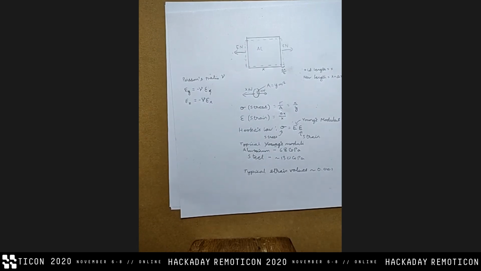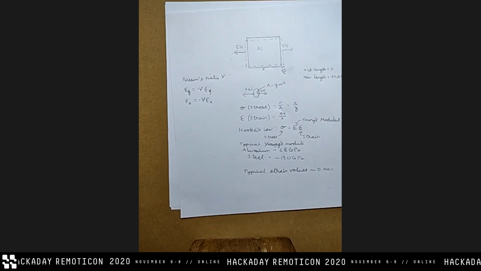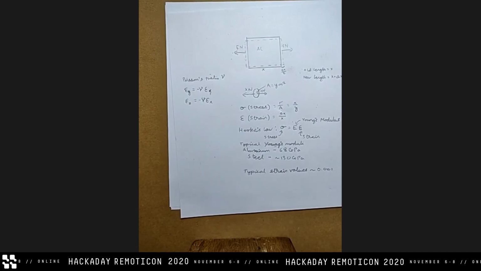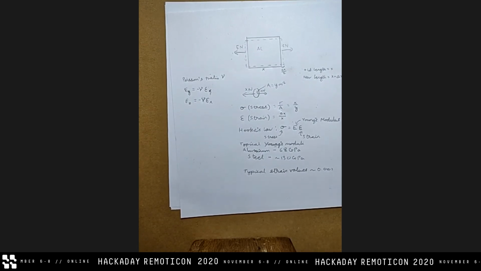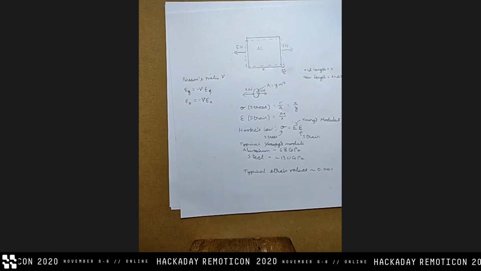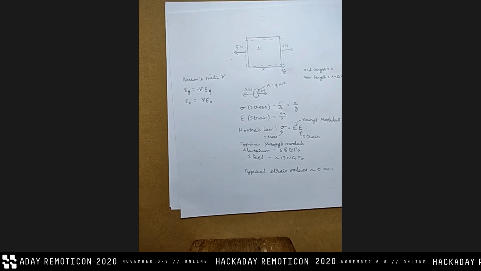That's where anisotropy comes along, but you don't really need to worry about that for the understanding. If you're using anisotropic materials, you'll have to specify that in your analysis.